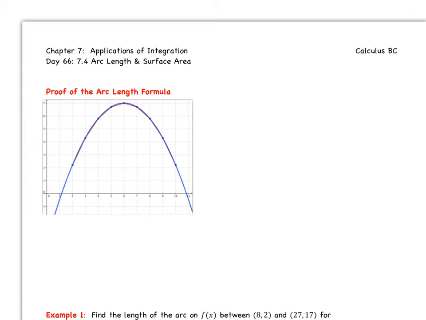All right. So first of all, what is arc length? Well, arc length, if you remember from geometry, is just the distance around a curve. Okay, so if we're looking at this curve here, we're looking at that distance. How far did we travel?